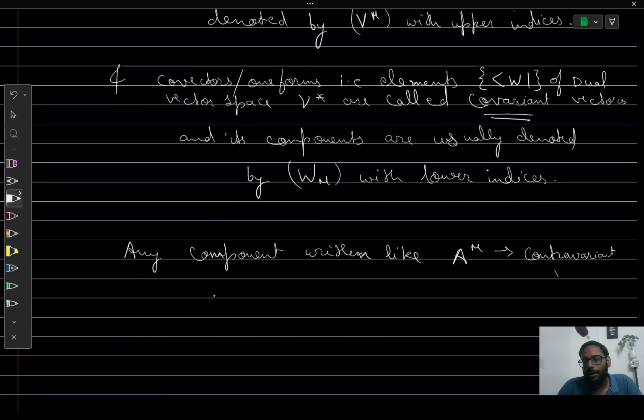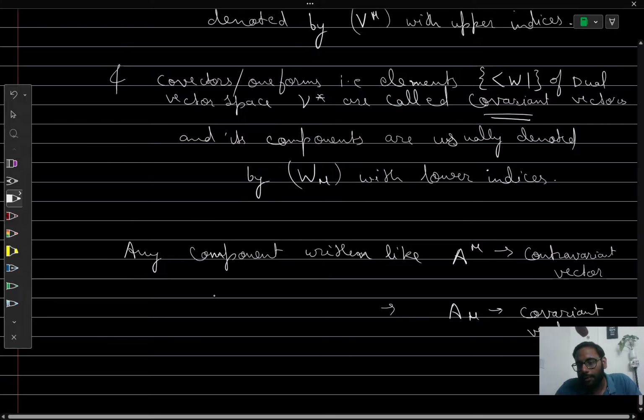You can just call it a vector; assume these are just components of a normal vector. But when they are written with lower indices, downstairs, then these are called covariant vectors in tensor calculus. So this is how we define things.